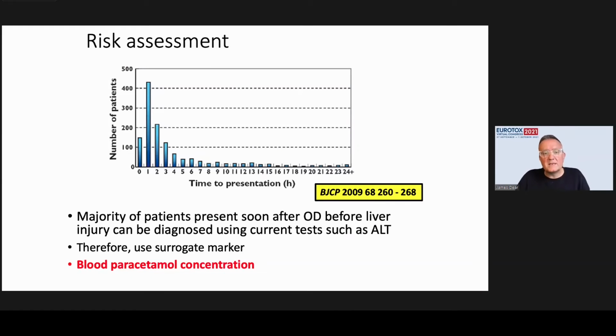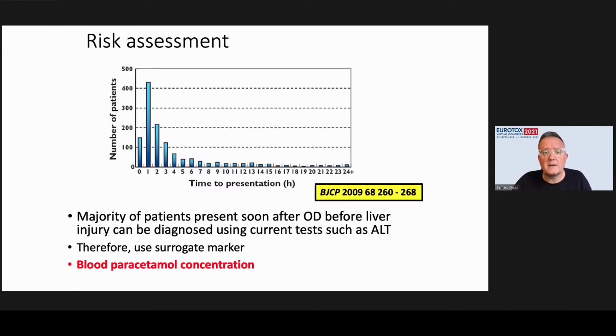And the challenge we face in hospital is that patients typically arrive in hospital soon after the overdose. A typical story would be a patient takes an overdose at a moment of crisis and then immediately tells somebody they've done it. It's an expression of how angry somebody is with somebody else.